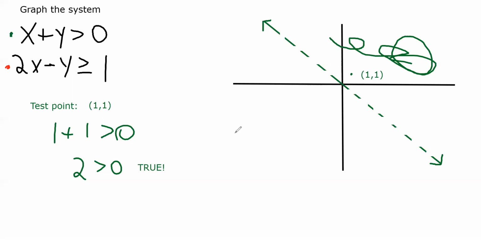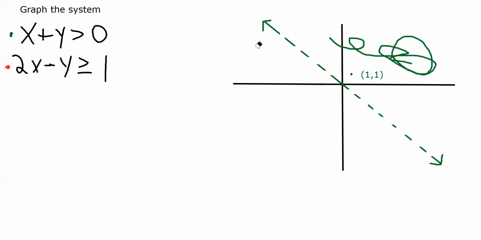I'm not going to fully shade it just yet because we would shade all that in green. But now we also have to deal with this second line here. So back to the drawing board.